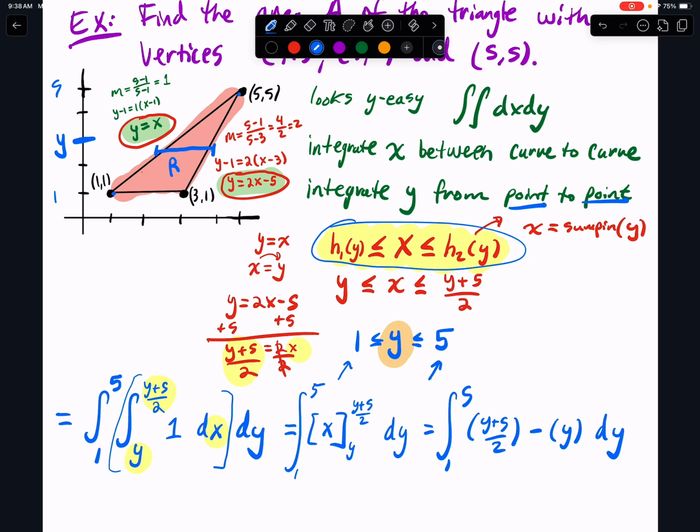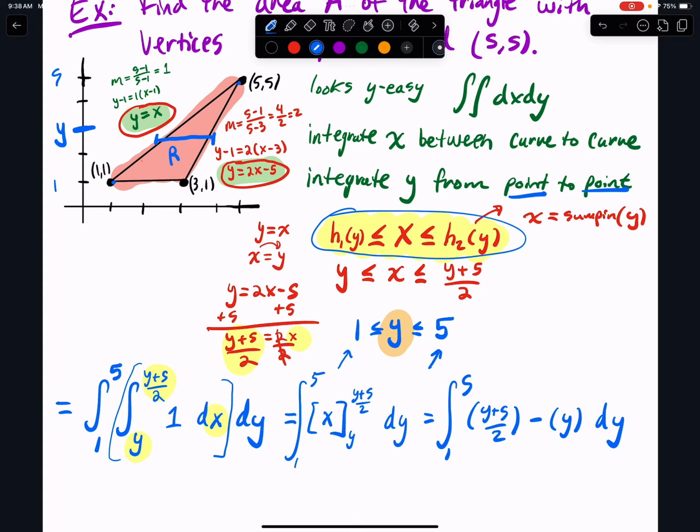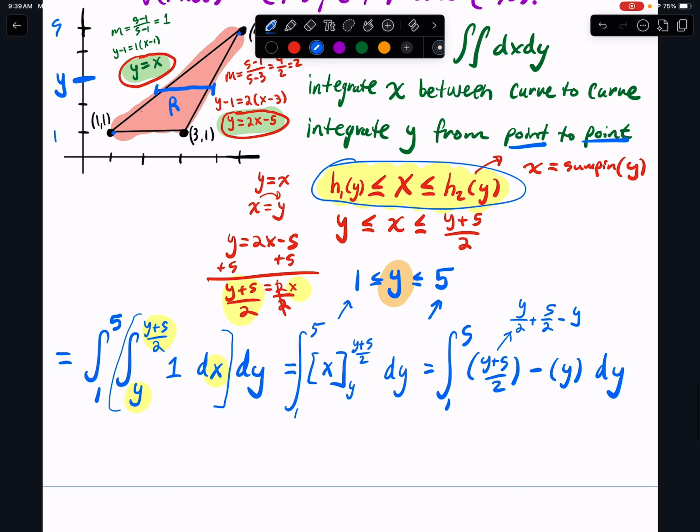And then what would I do? I would integrate the pieces. So you could write this as y over 2 plus 5 over 2 minus y. This actually could simplify. I could combine half a y with a full negative y to get the integral from 1 to 5 of 5 over 2 minus y over 2 dy.